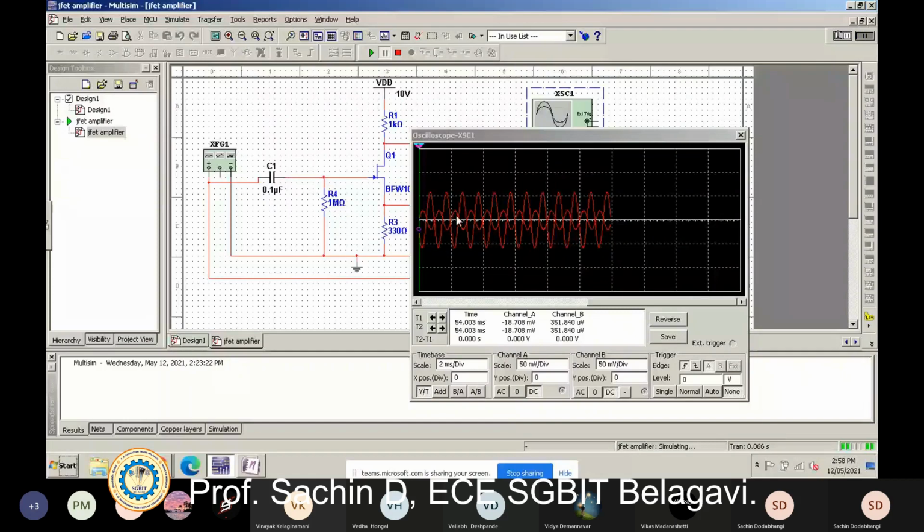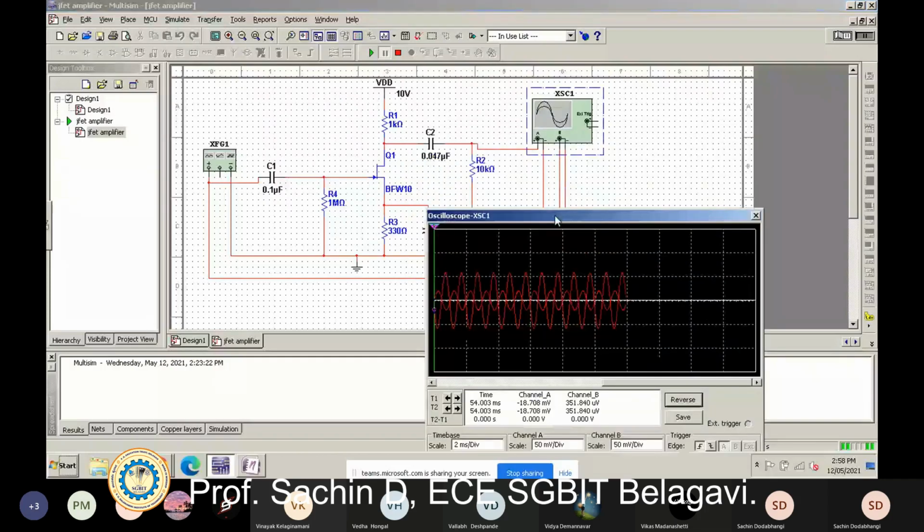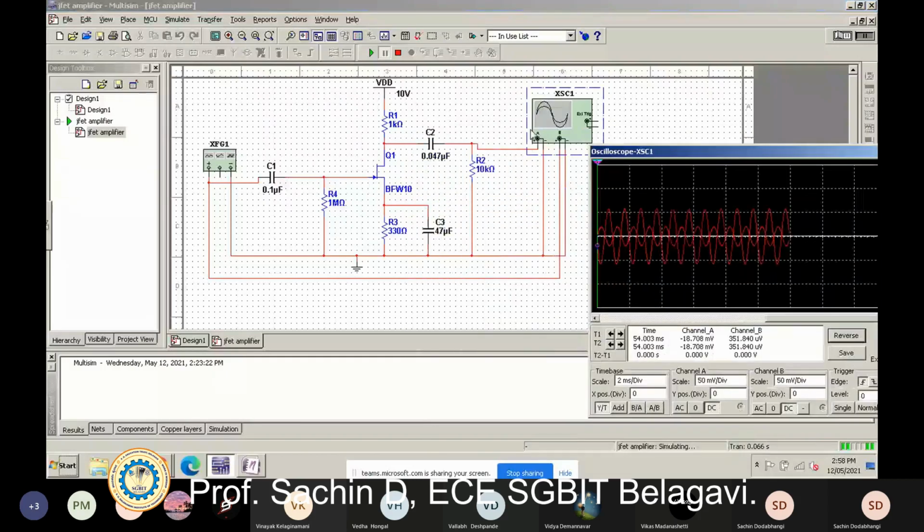I have connected channel A to the output and channel B to the input. You can see it in the diagram. So that when I overlap them, I can know whether we are getting a 180-degree phase shift or not.